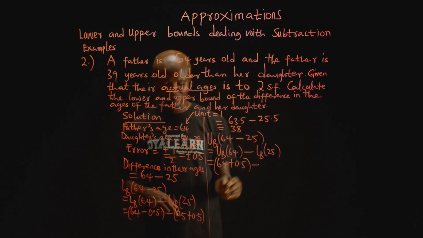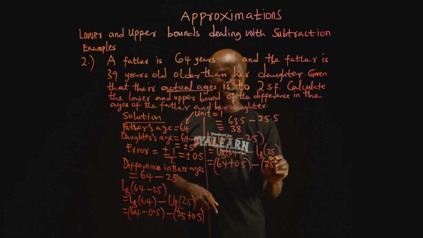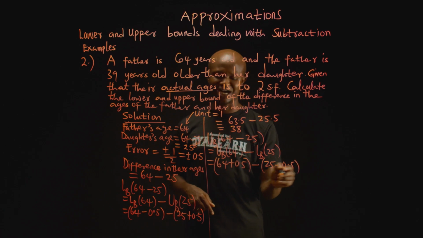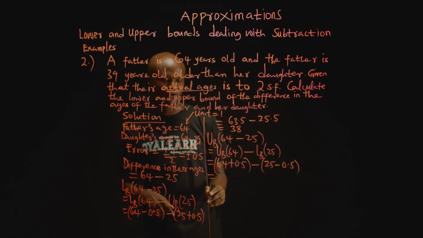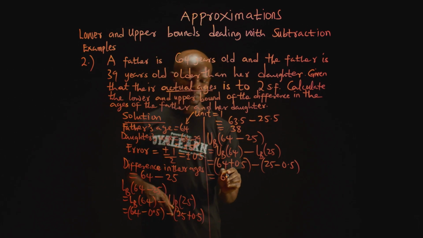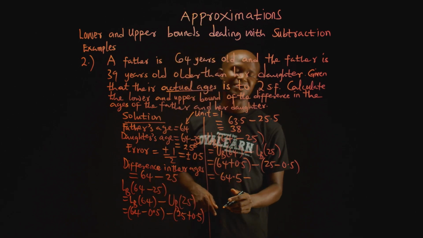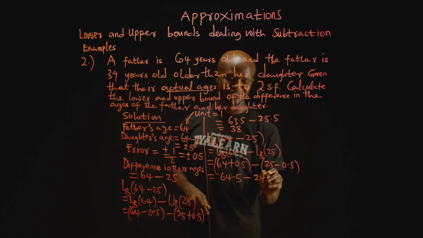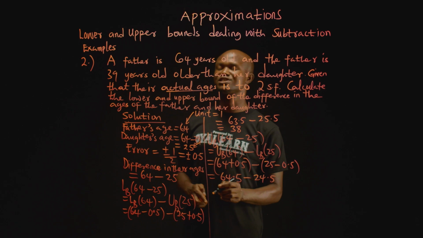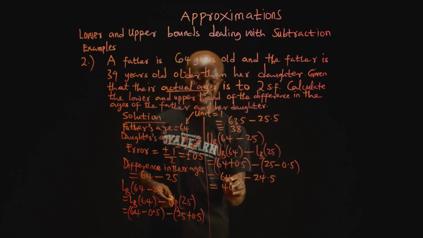Then minus, what are we having here? Lower bound of 25. That's 25 minus 0.5. So 64 plus 0.5 will give us 64.5. Then minus 25 minus 0.5, that will give us 24.5. Now 64.5 minus 24.5 will give us 40.